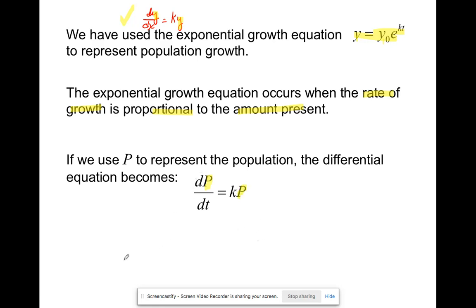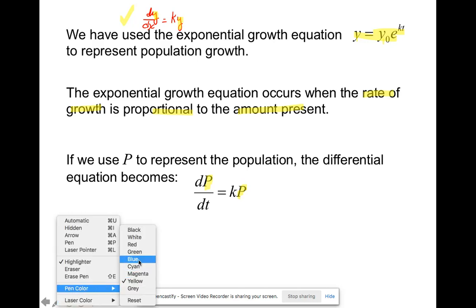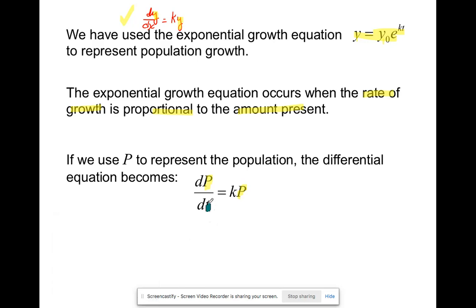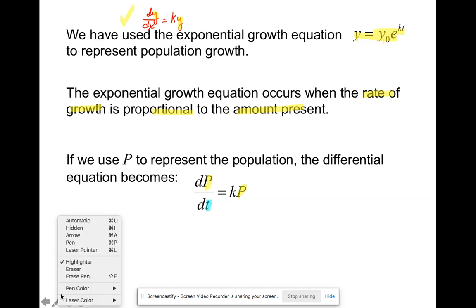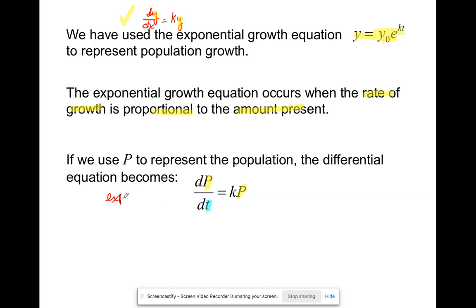The rate of change of a population with respect to time, with time being the independent variable and population being the dependent variable, is still the exponential growth rate. It is a differential equation and it is separable because the dependent variable is on the wrong side.